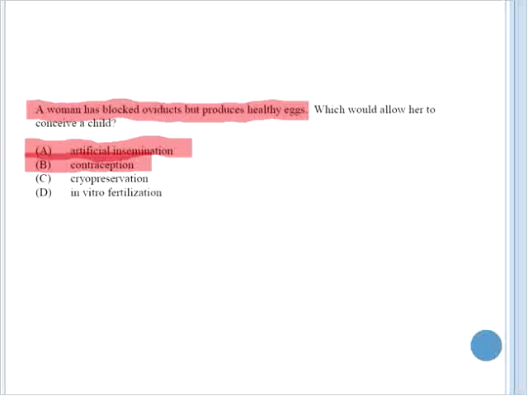In vitro fertilization and cryopreservation. If her eggs are healthy, in vitro fertilization would certainly be a method of choice. The correct answer then is indeed D, in vitro fertilization.